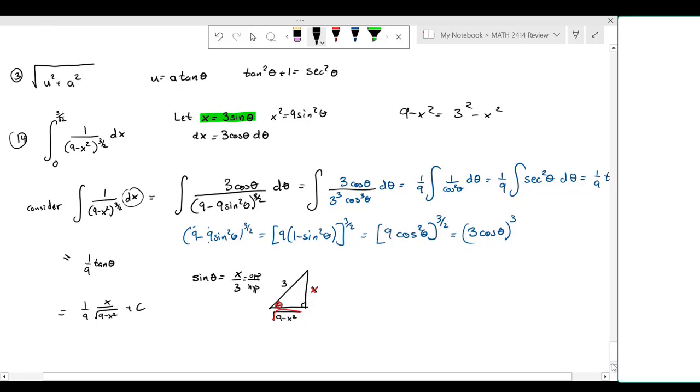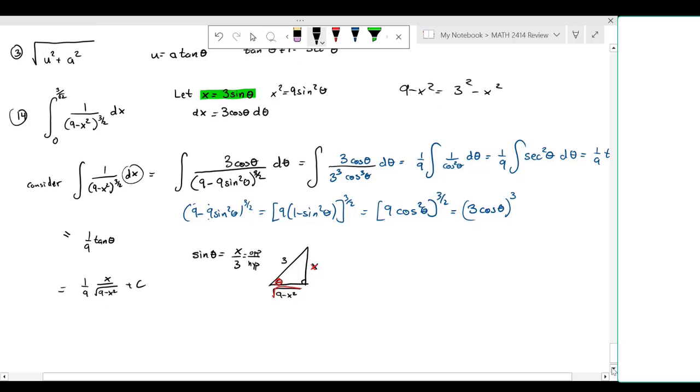But if we have bounds, since we found the antiderivative in terms of x, we can now just plug in the original x bounds.